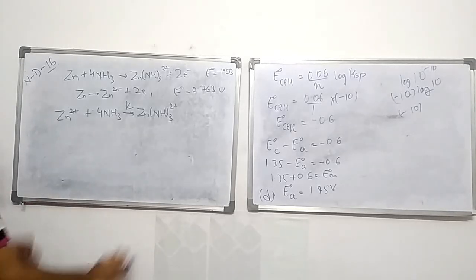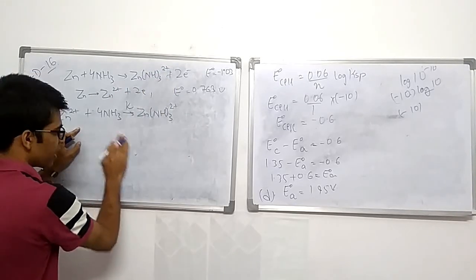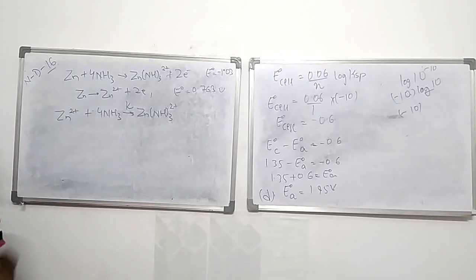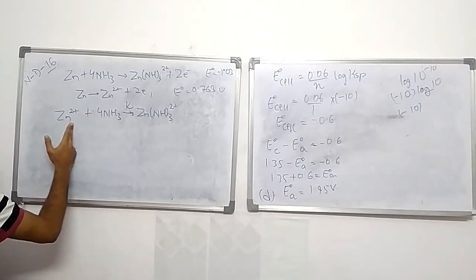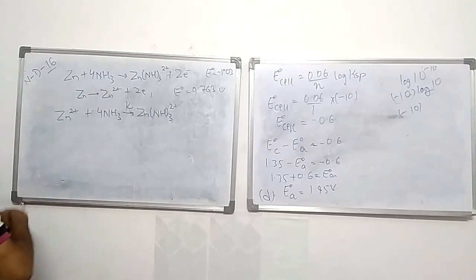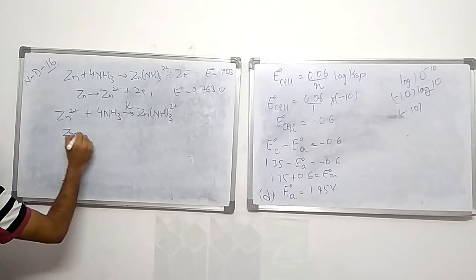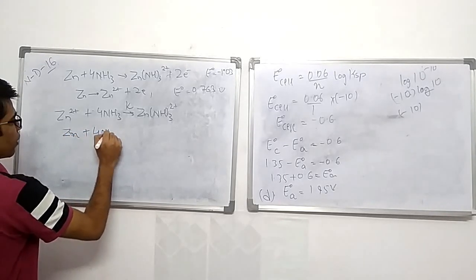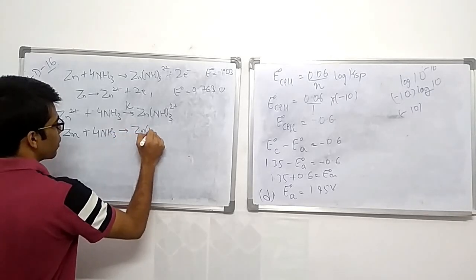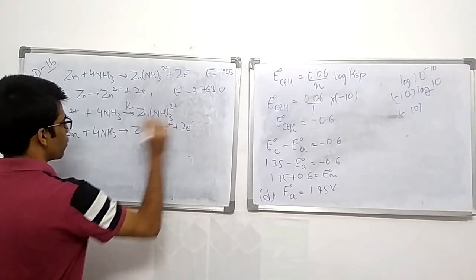Now, if I can arrive at this equation using these two equations, that means this will be my net cell reaction and these two will be my 2 half electrodes. So let's try that. Now I need zinc 4NH3 and zinc 2 plus on the left side. 4NH3 I already have, so I will simply write this reaction. Zinc plus 4NH3 will give me zinc NH3 4 2 plus and 2 electrons.